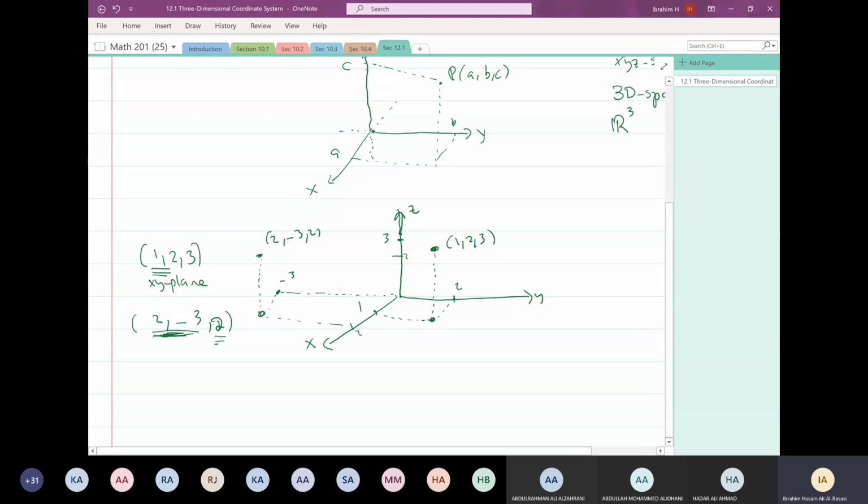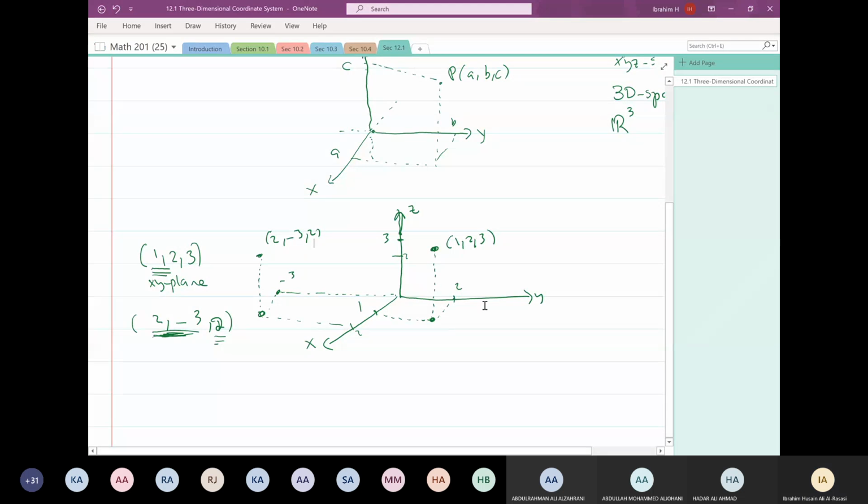You have to choose something to follow. I'm taking this to be the x-axis, and this to be the y-axis. I can take the opposite, but we have to agree on some standard way of choosing the axes. But this is the standard way. This is the x-axis coming to you, y-axis to the right, z-axis upward.